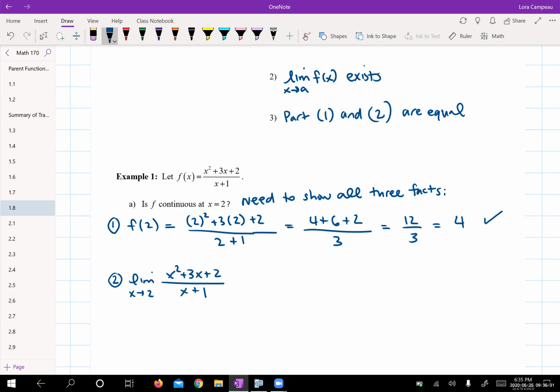And a lot of times if I'm noticing that it's a rational function, the first thing I always look at is if I were to plug in 2 to the denominator, it does not make it 0. So we can continue with plugging using direct substitution. Plugging in 2 to the function is actually us evaluating the limit.